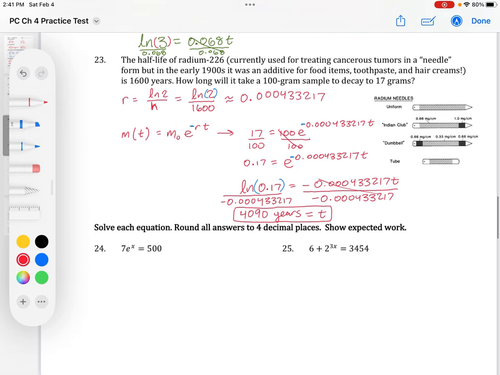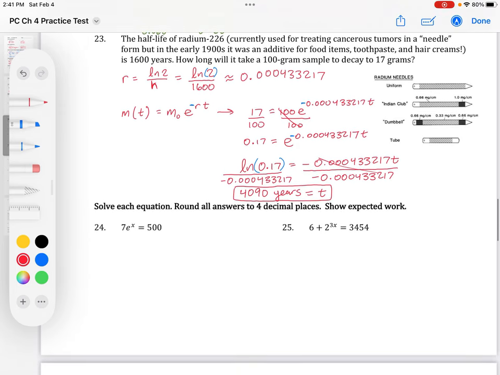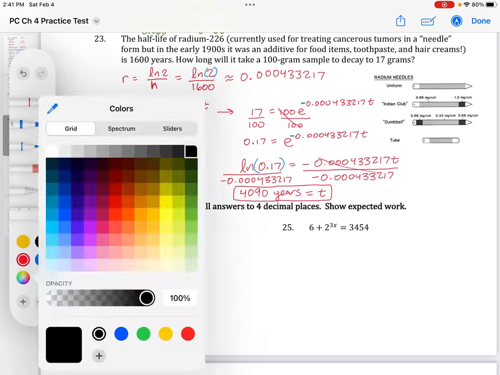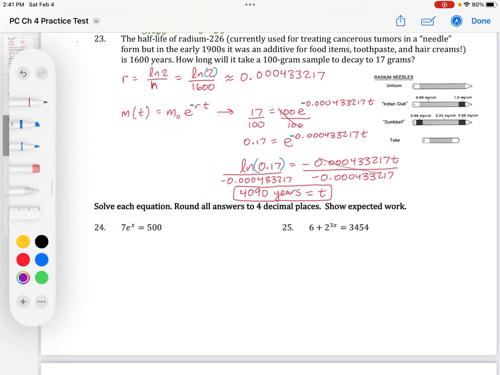This last section switches gears because we start solving. This was like section 4.4 material. For number 24, the first step when you're solving these exponential equations is to isolate the exponential part. So in this one, we'll have to divide by 7. Then we get e to the power of x equals 71.42857.